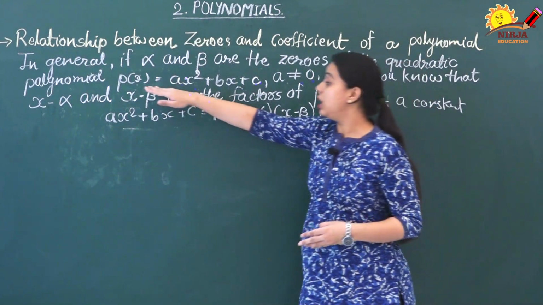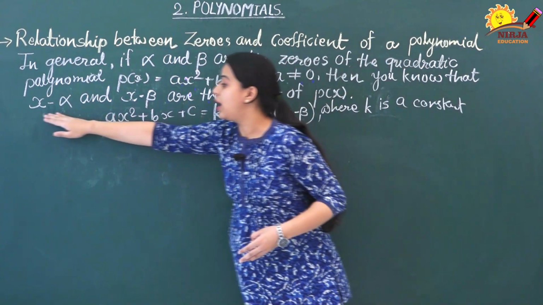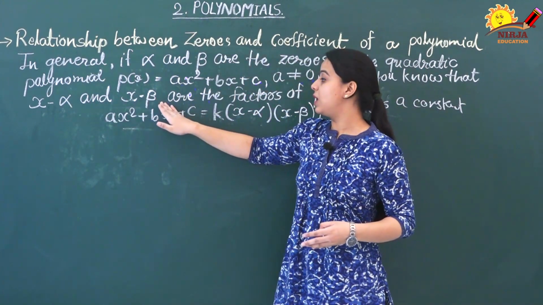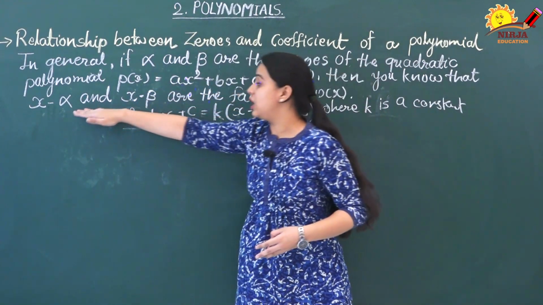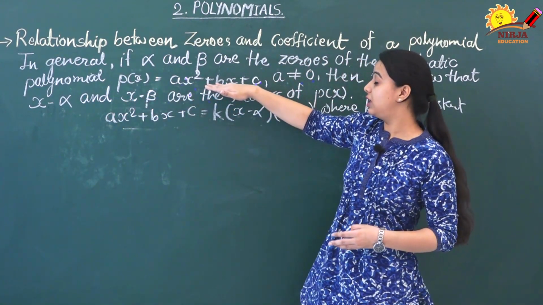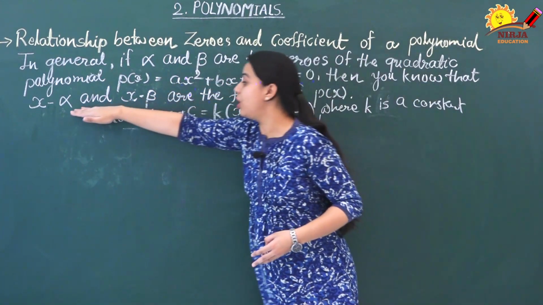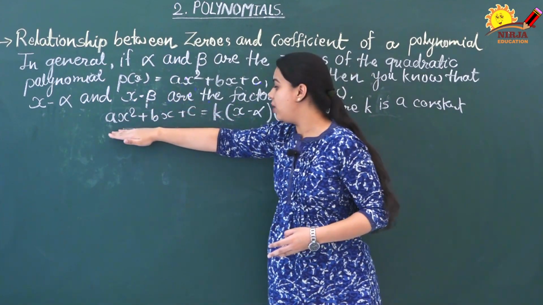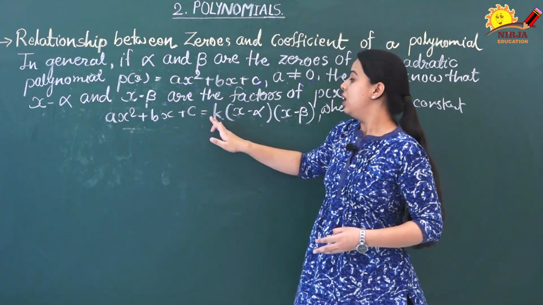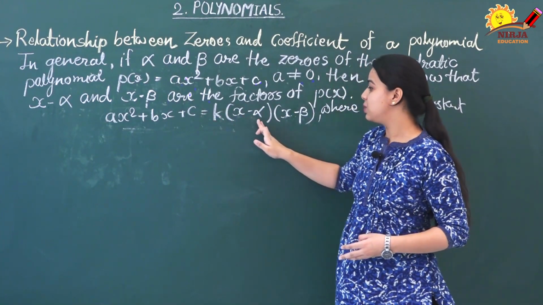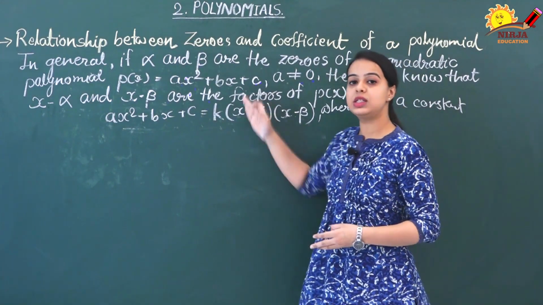This means if we factorize this polynomial, we are going to get x minus alpha and x minus beta as the factors of this polynomial. Then we can write this polynomial as a product of its factors, and the same I have done over here. I have written ax square plus bx plus c is equal to k times x minus alpha and x minus beta, the multiplication of its factors.